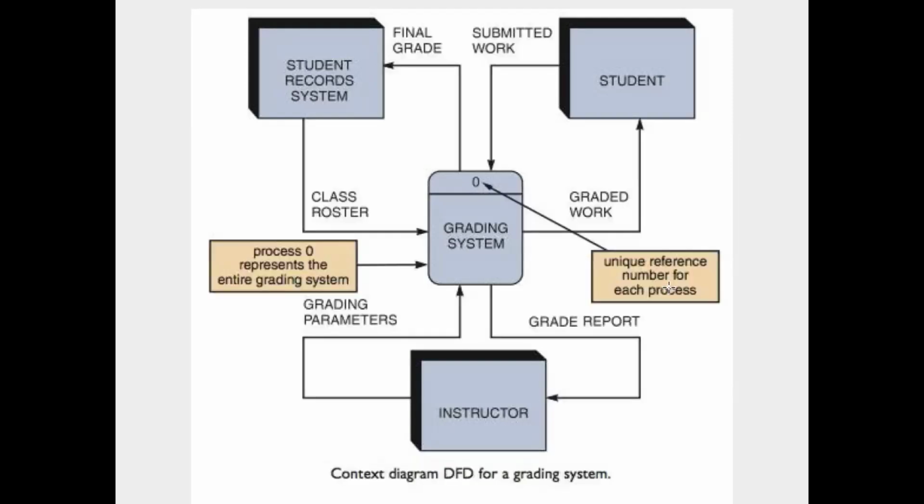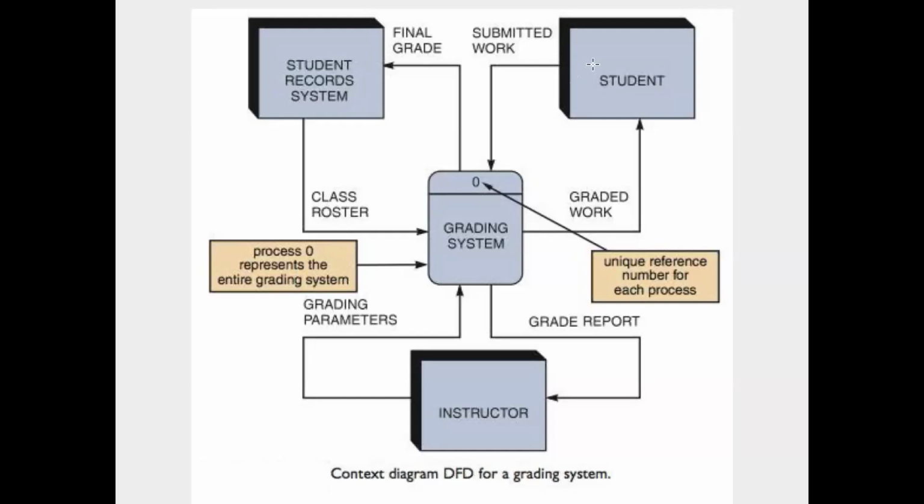Last one, we draw data flows. Now you can see these arrows will come into the process, the information system, and go out from the system.